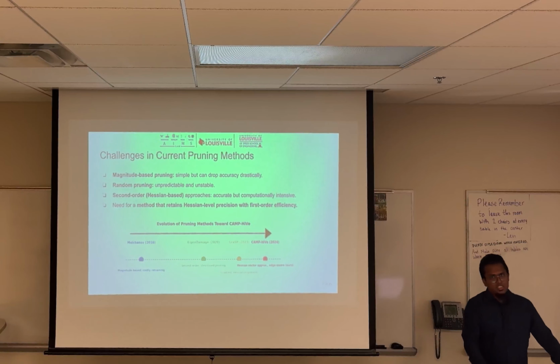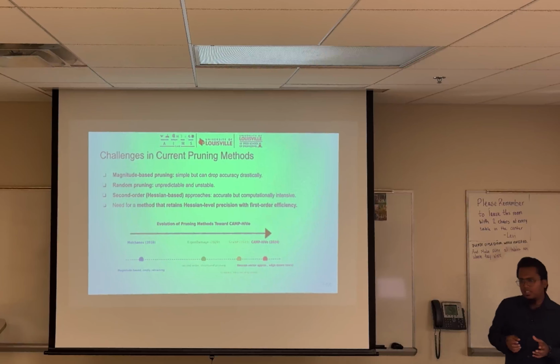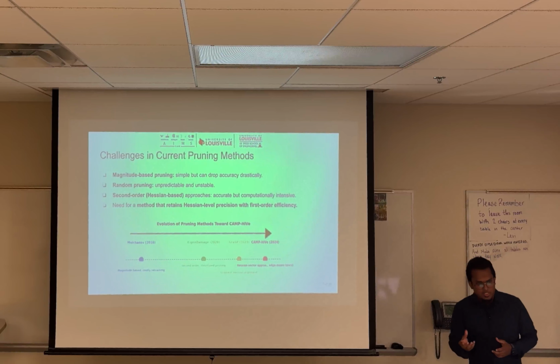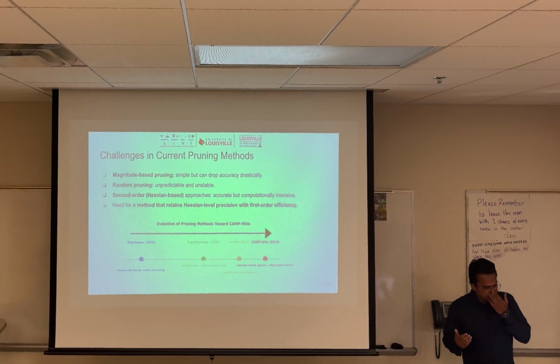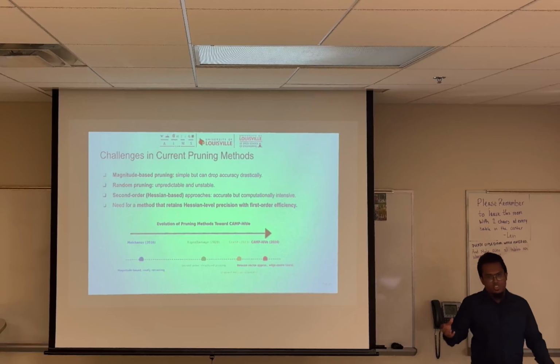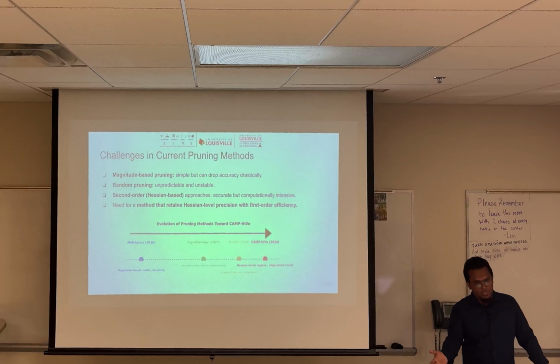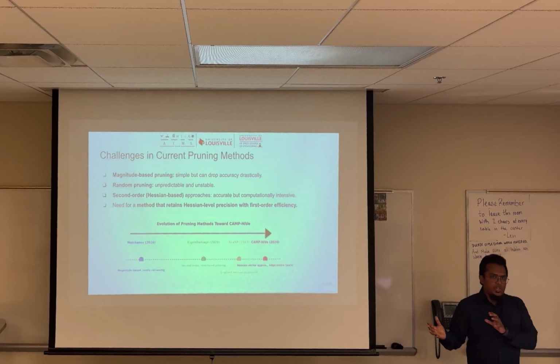Pruning means that researchers find these redundant and less important weights and remove them from the model. Removing them means making these weights 0, so they will not contribute to the FLOPs. That's how you can optimize your model's performance.